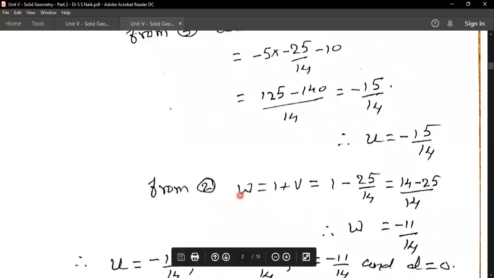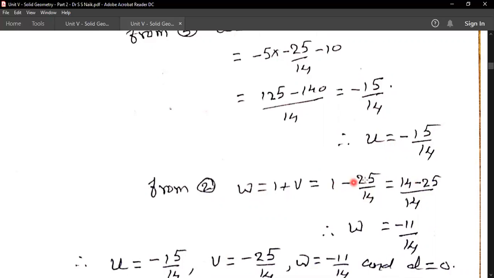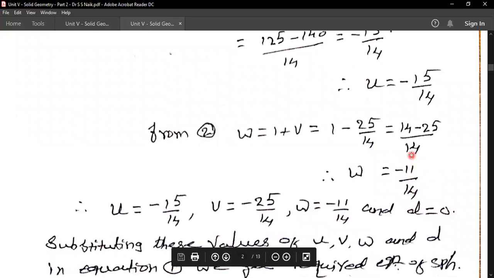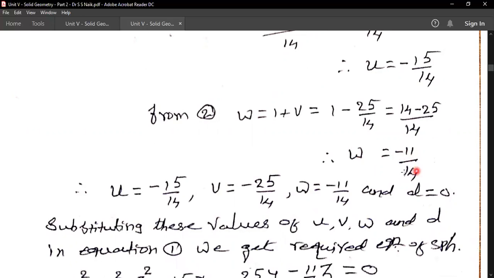Then w is equal to 1 plus v, that is from equation number 2. Therefore, w is equal to 1 minus v. v is equal to 25 upon 14. This goes on 14. Then this becomes 14 minus 25 divided by 14 is equal to minus 11 upon 14. Therefore, this is the fourth variable. w is equal to minus 11 upon 14.